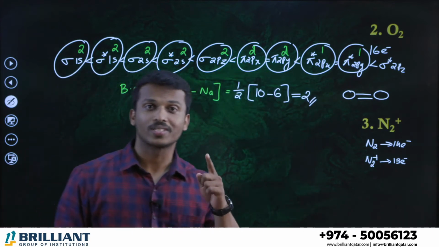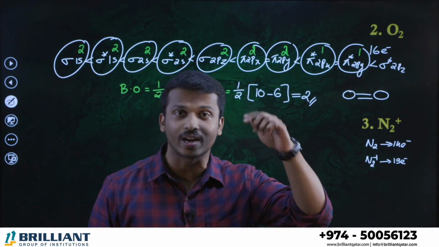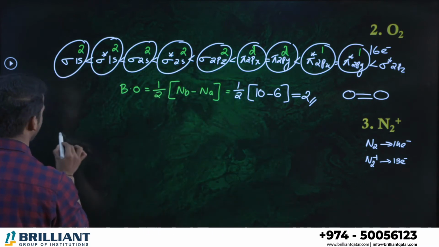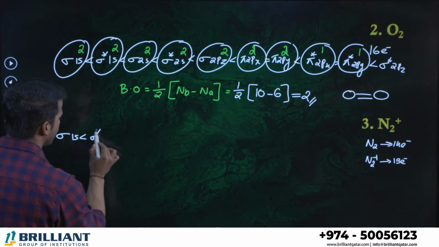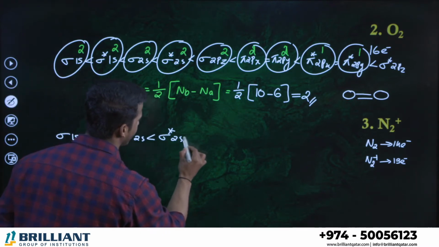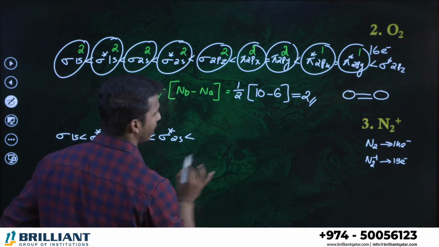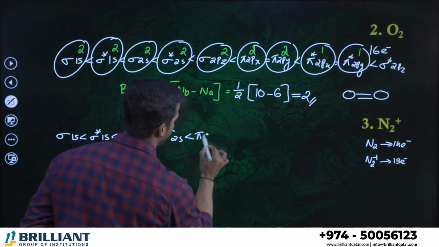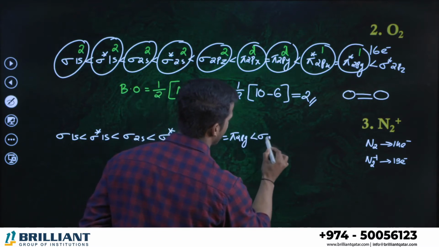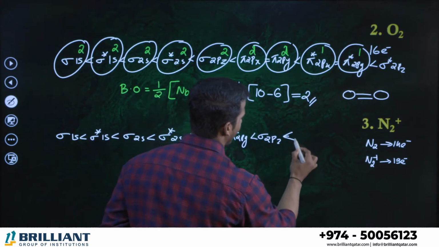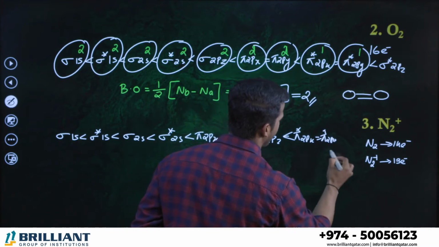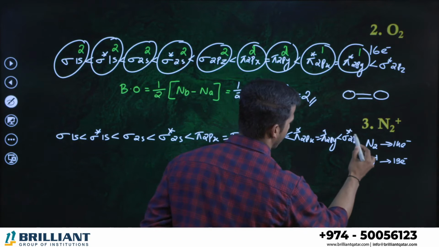So for a 13 electron system also we can use the first equation, right? Up to 14 electrons we can use the first equation. What is the first equation once again? Sigma 1s, sigma star 1s, sigma 2s, sigma star 2s. Then we have pi 2px equal to pi 2py, then sigma 2pz, then pi star 2px equal to pi star 2py, and the last one, sigma star 2pz.